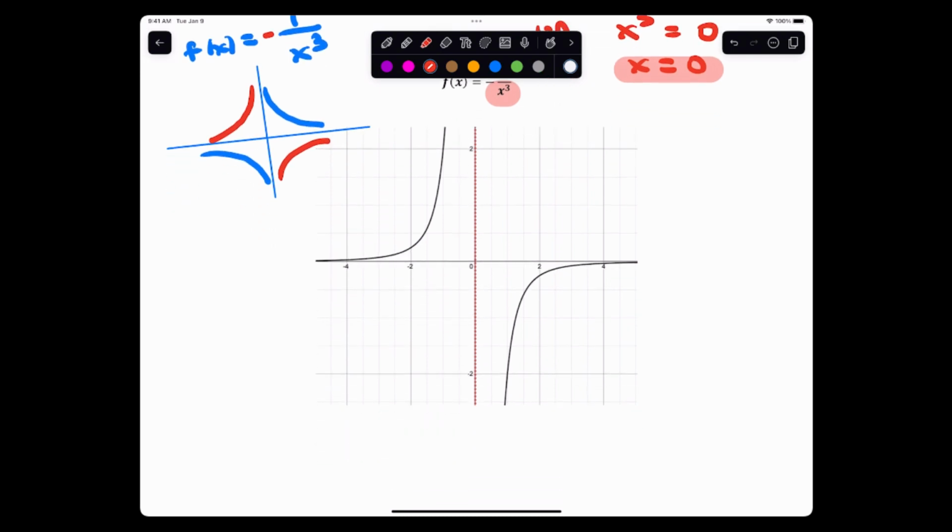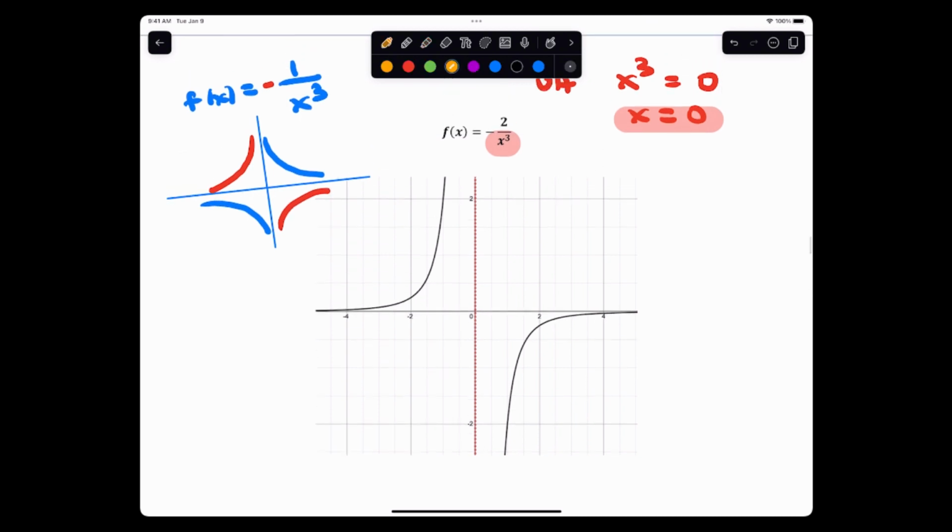What's the left-handed limit going to be of this function? Positive infinity. You're approaching around 0. Where are you going? Up forever. This is really the y-coordinate value. So to the left, around 0, it's going up. To the right, around 0, it's going down.